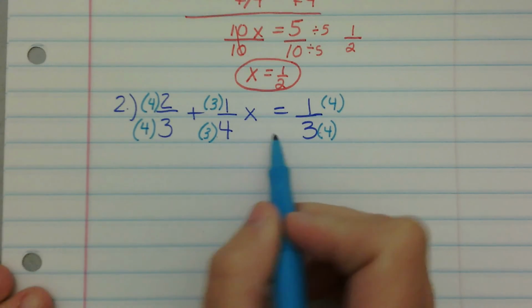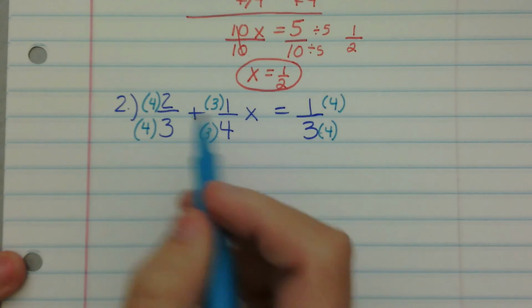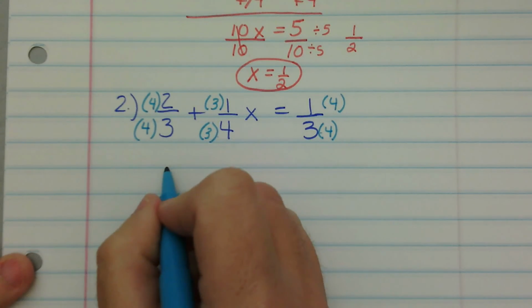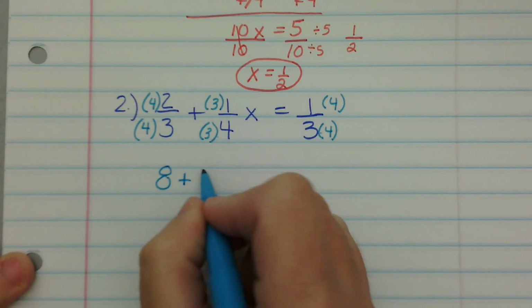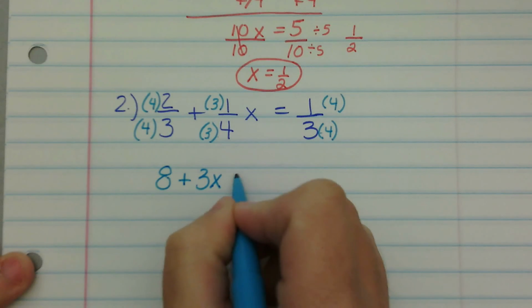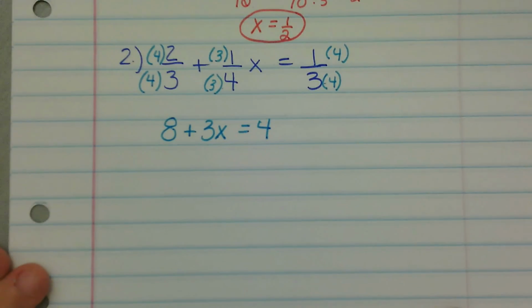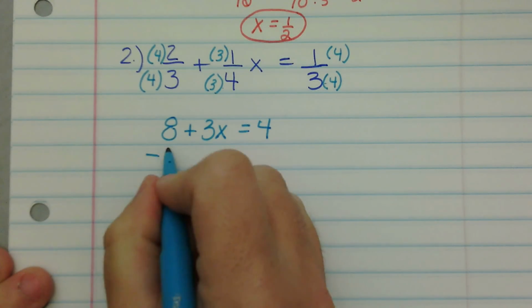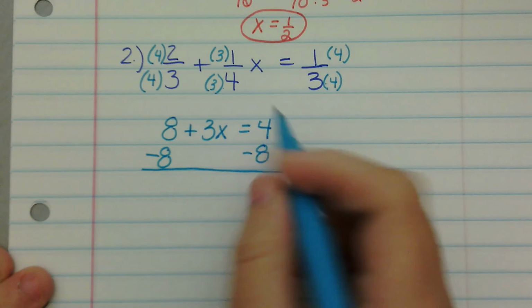Now that we have common denominators all the way through, we're just going to rewrite our numerators and solve the equation. So 4 times 2 is 8, plus 3 times 1 is 3 with the x, and 1 times 4 is 4. Boom. So close to being done. We're going to subtract our 8 because we need to get our x by itself.